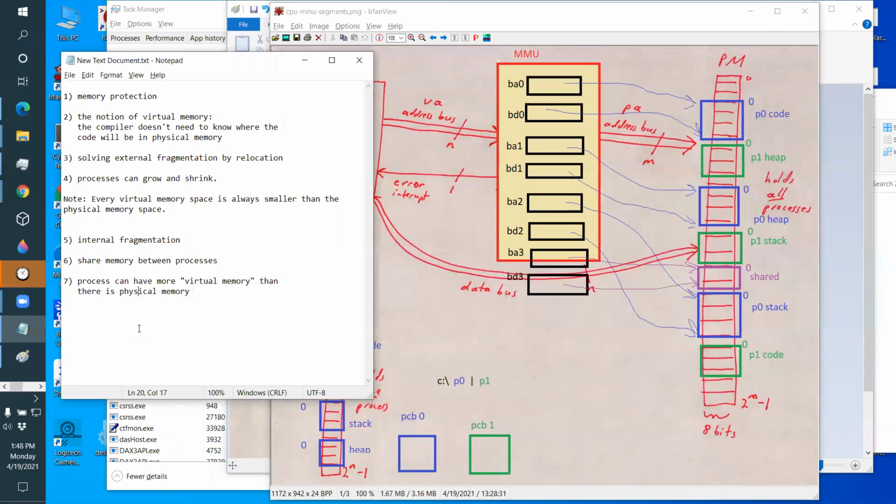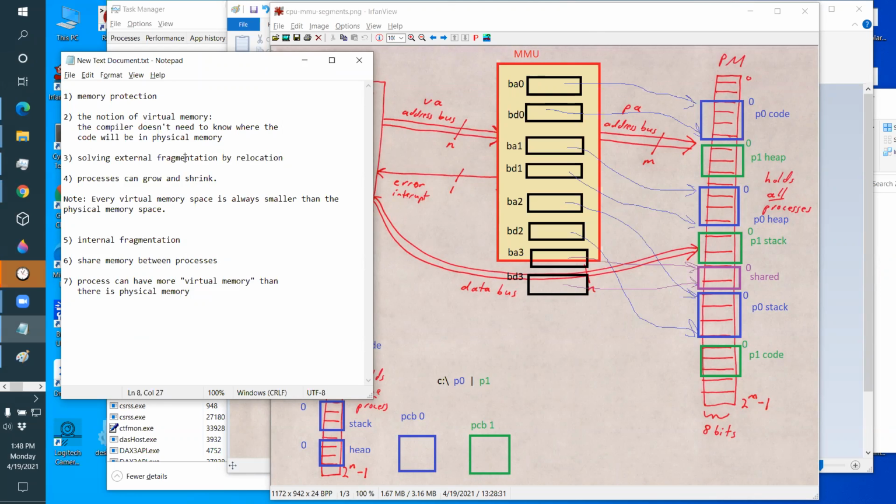Its sharing of physical memory is also not as versatile as we could want it to be. When we go to paging, we'll be able to solve this way better. It also solves the problem that growing and shrinking a program involves relocating other programs.